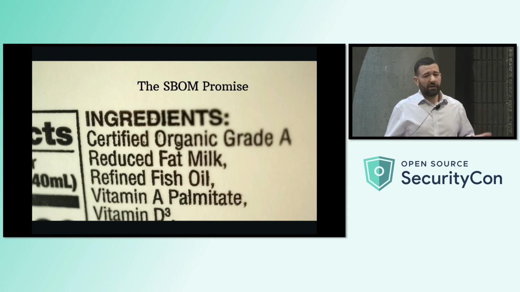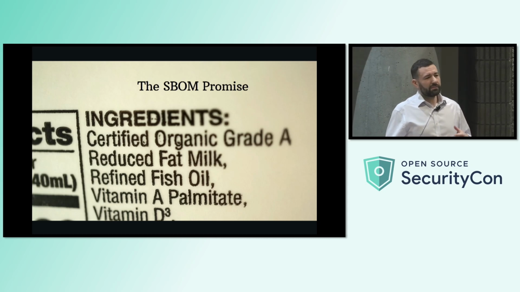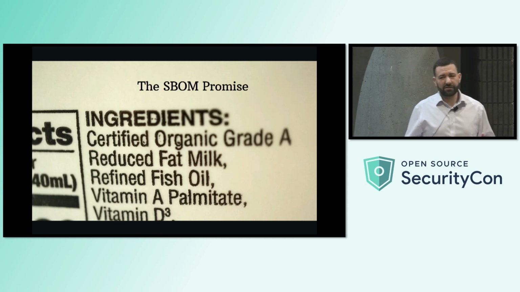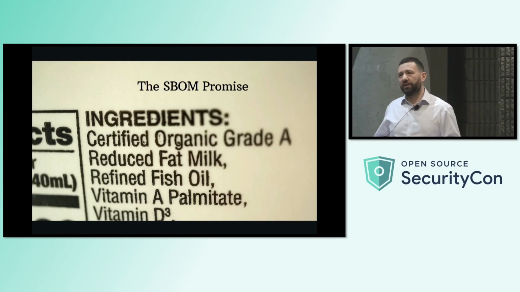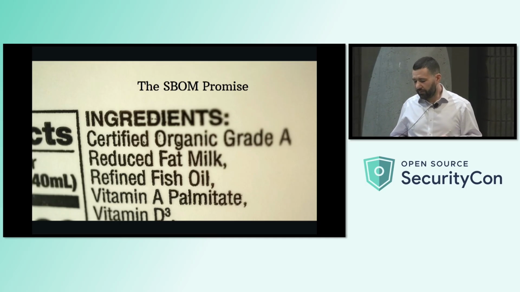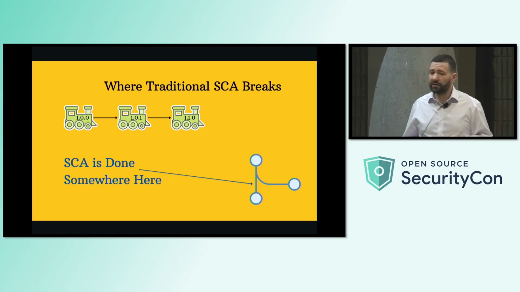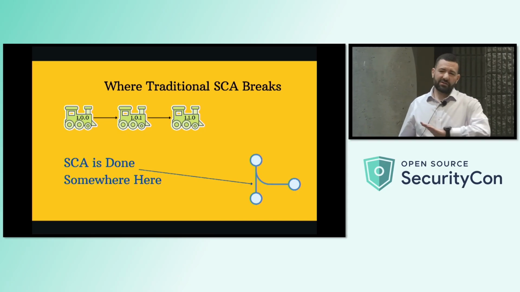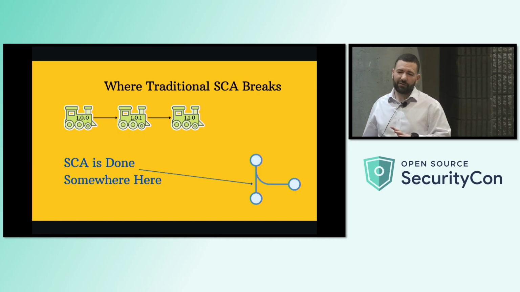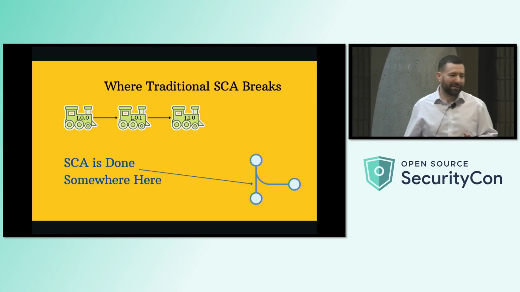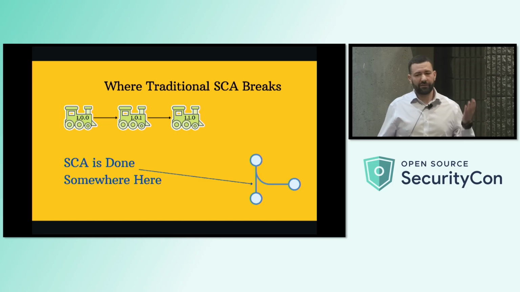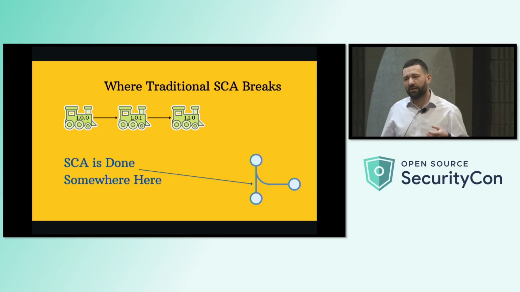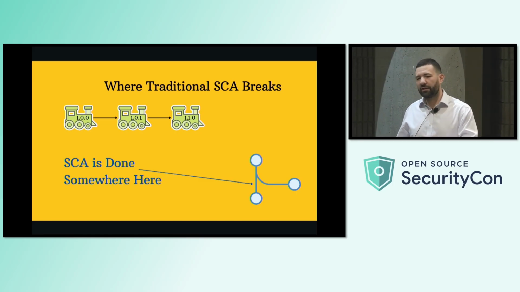Again, everybody knows that an SBOM is a list of ingredients of your software. But in reality, this is the state-of-the-art SCA from 5-6 years ago. What it means is you have your release train on top, which is what you actually give to users, to consumers.